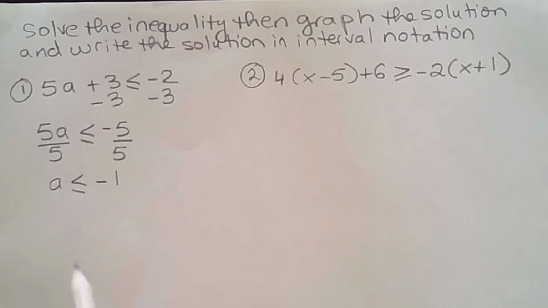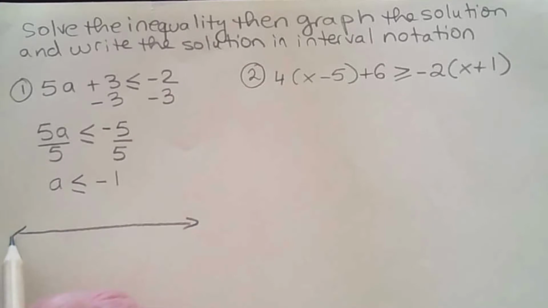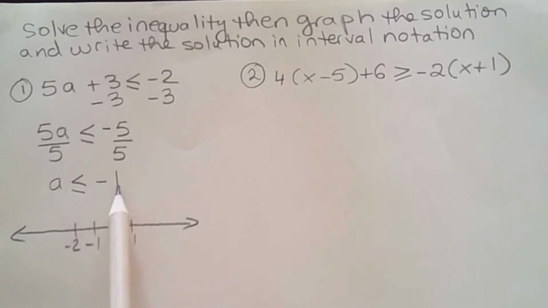Now graphing the solution, so the solution is less than or equal to -1. -1 is included since I have less than or equal. So we're going to have a bracket on -1.